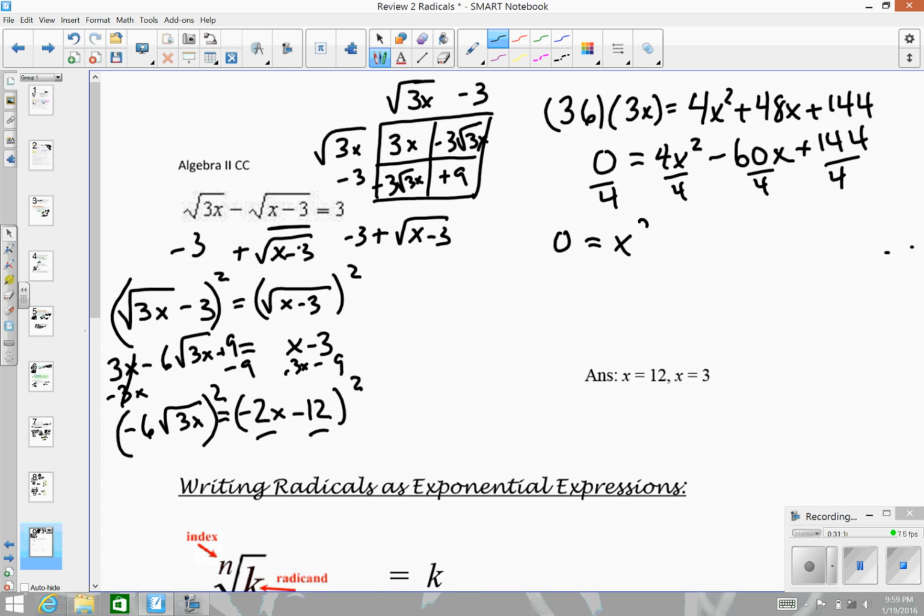I get x squared minus 60 over 4 is 15x plus 144 divided by 4 is 36. This is factorable to x minus 12, x minus 3.